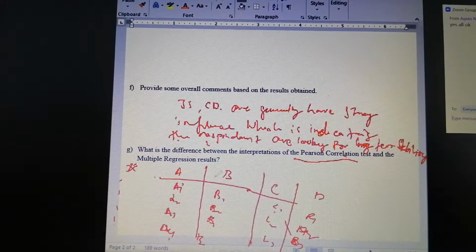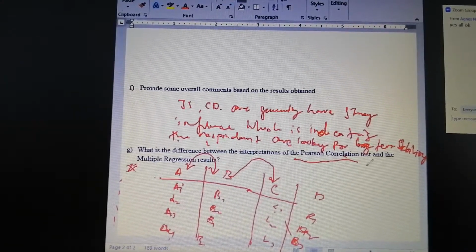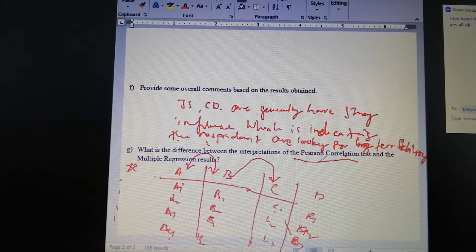So this will evaluate the relationship between the two sets of variables or two parameters, A and B, then B to C, or C to A. So that is a one-to-one analysis, in order to see the relationship between the variables. But the multiple regression will be different.